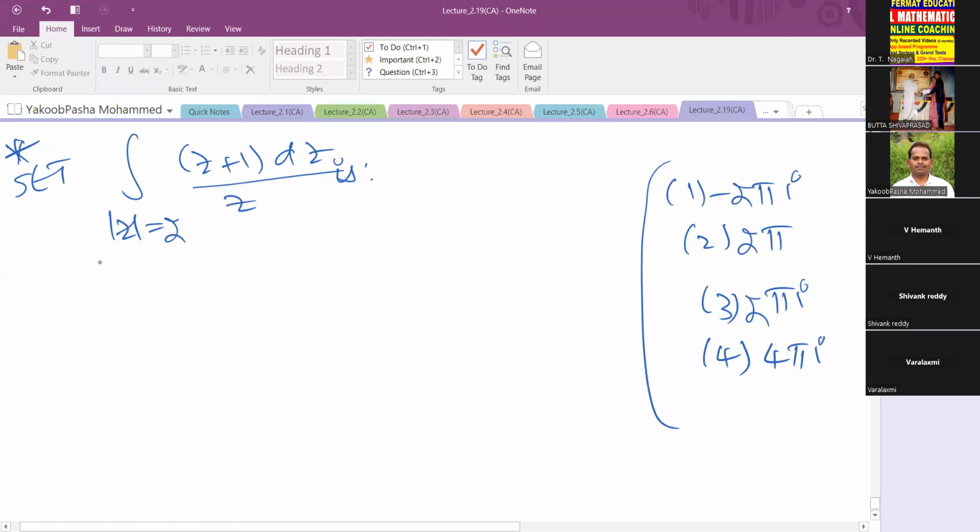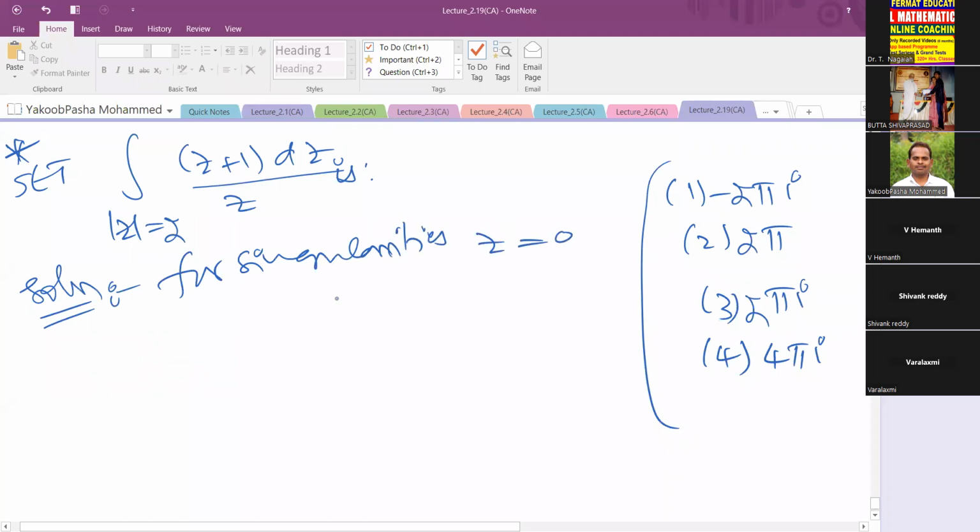First, we have to take the singularities. For singularities, the denominator Z equal to 0.